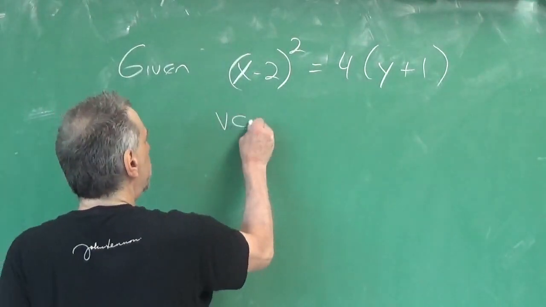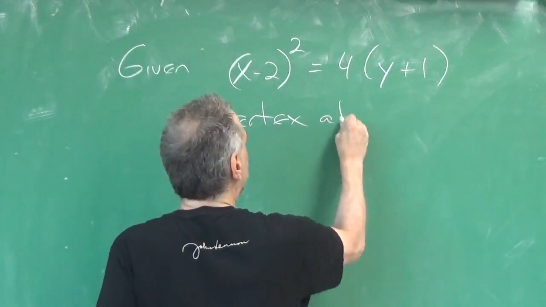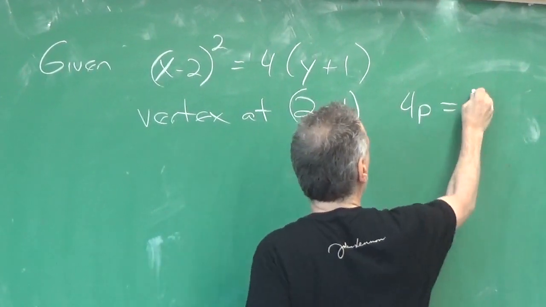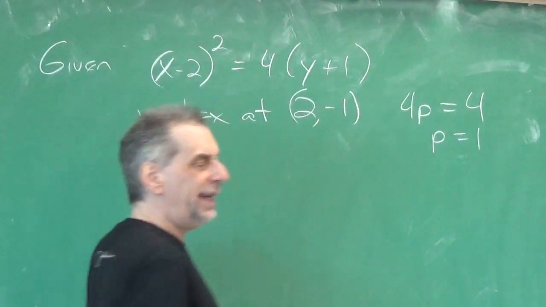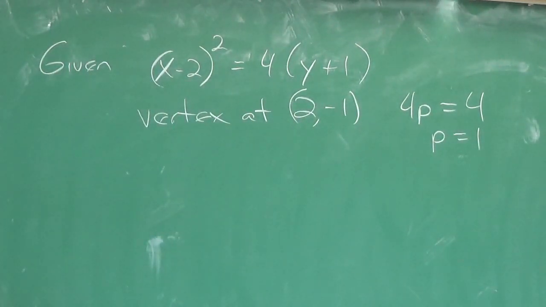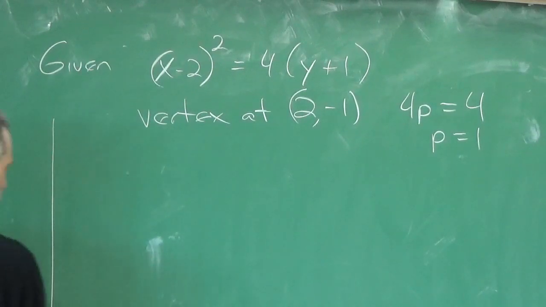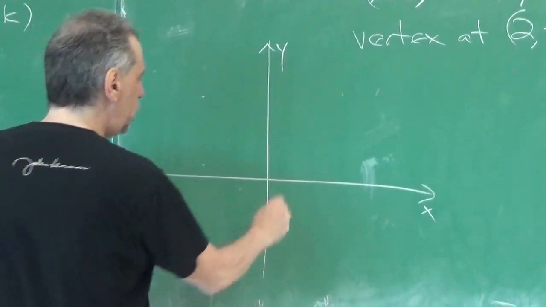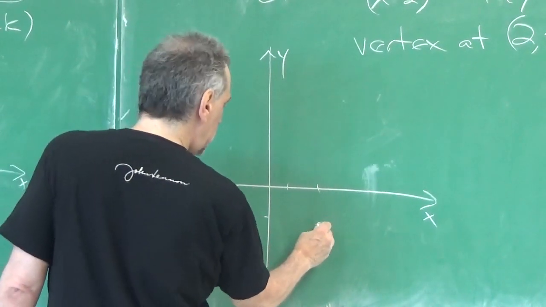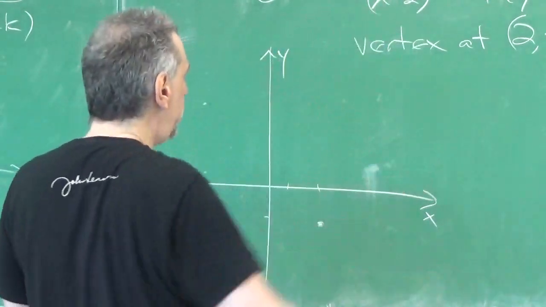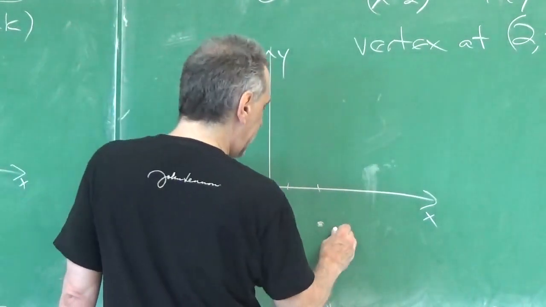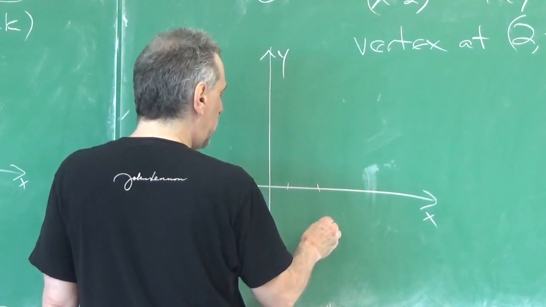All right, so the vertex is at (2, -1), and 4p equals 4, which tells us that p equals 1. So we can start to take a glance at what that looks like. We know the vertex is at (2, -1), and it's opening upward. The focus is going to be 1 unit above that vertex. So this is the vertex, (2, -1). We know it's opening upward.